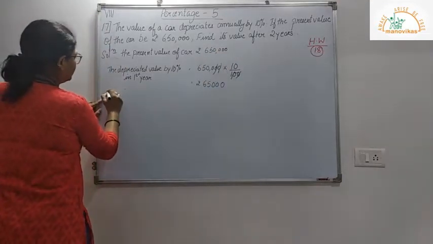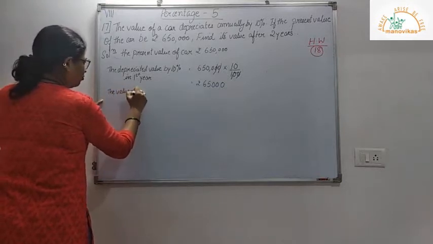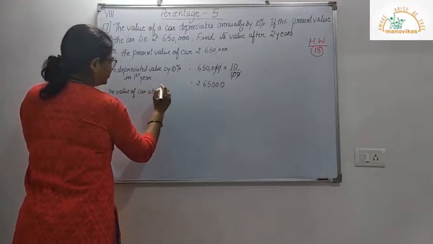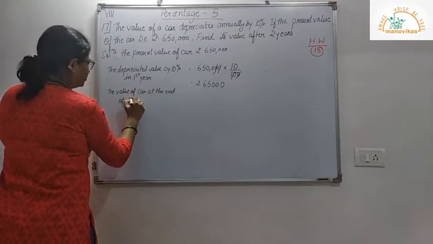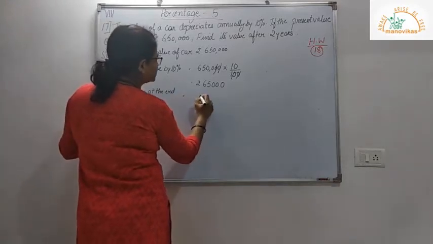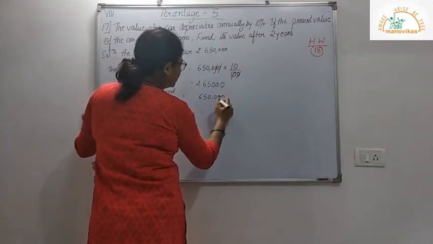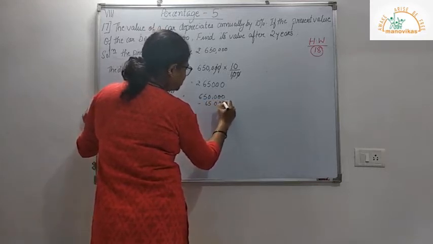Now this value we have to reduce from the present value. So the value of car at the end of first year will be 6,50,000 minus 65,000.